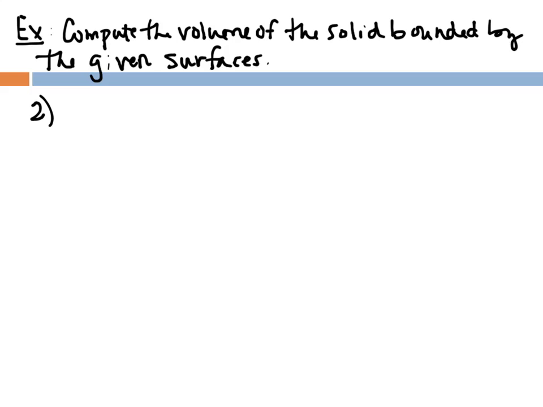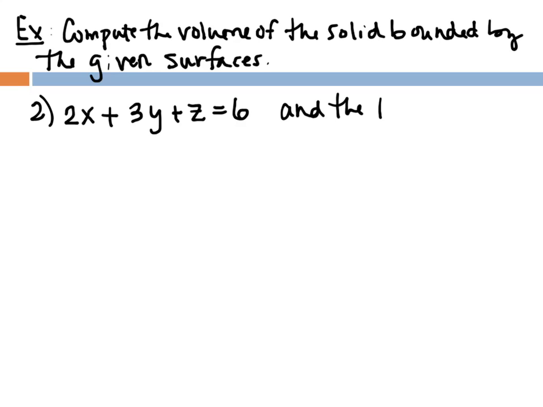They could be lines as well in some cases, but this particular one is all surfaces. So our three-dimensional shape, if you will, is the surface 2x + 3y + z = 6, and the 3 coordinate planes.